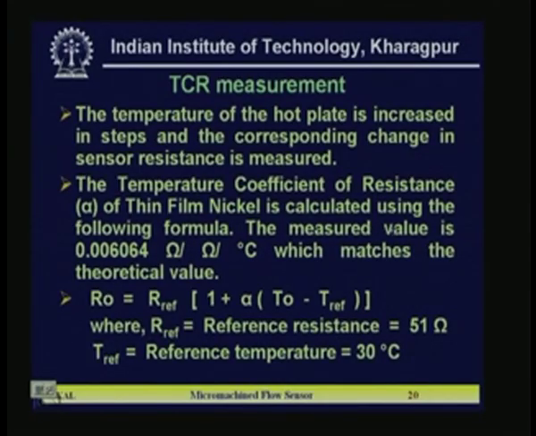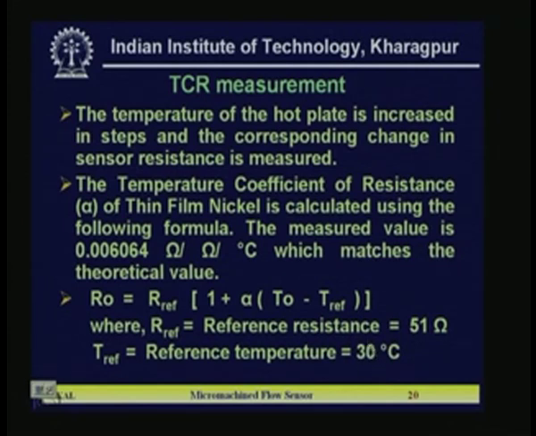The temperature coefficient of resistance alpha of the thin film nickel is calculated using the relation given here: R naught is equal to R reference into 1 plus alpha times T naught minus T reference, where R reference and T reference are the reference resistance and temperature.